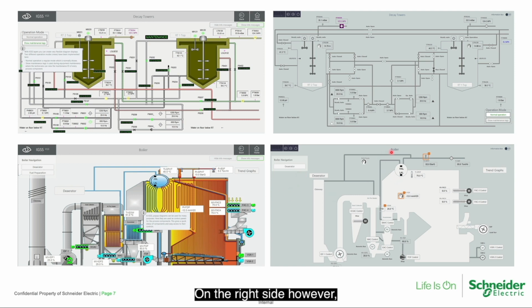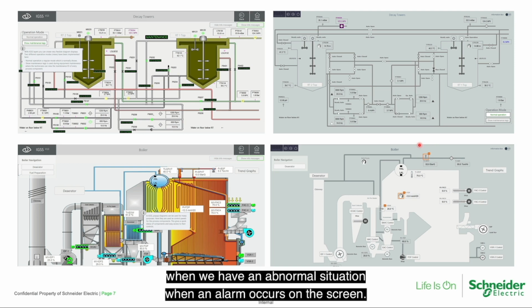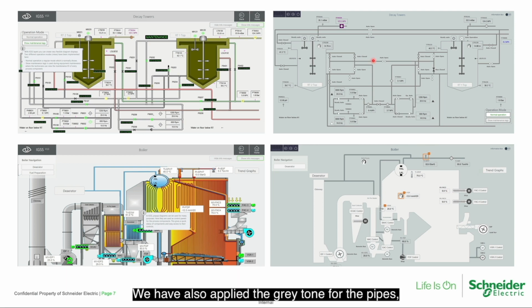On the right side, however, we have taken all the colors out and only use color when we have an abnormal situation, when an alarm occurs on the screen. We have also applied the gray tone for the pipes, as you can see on the right side, where on the left side there has been use of colors for the pipes.